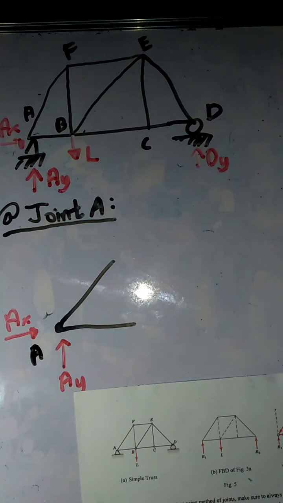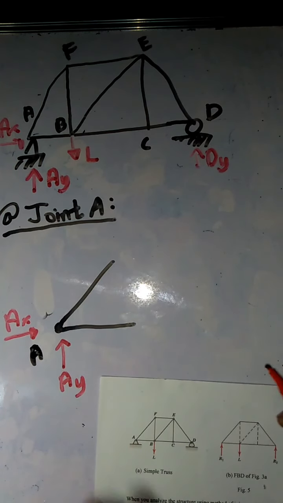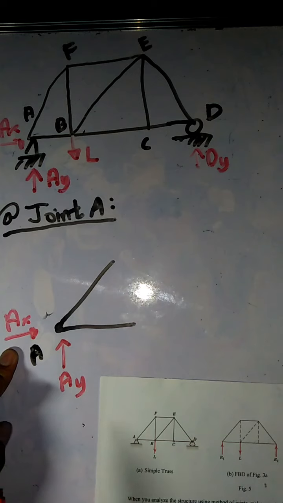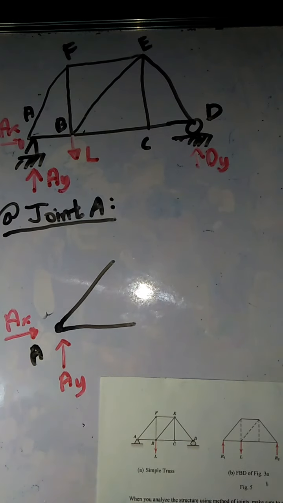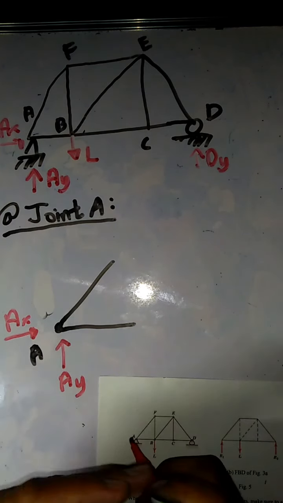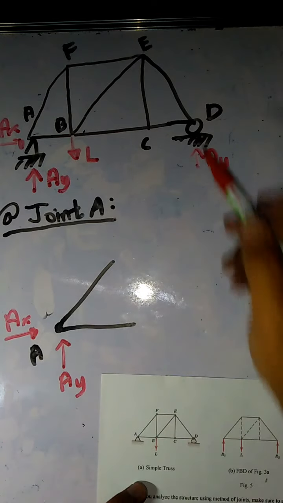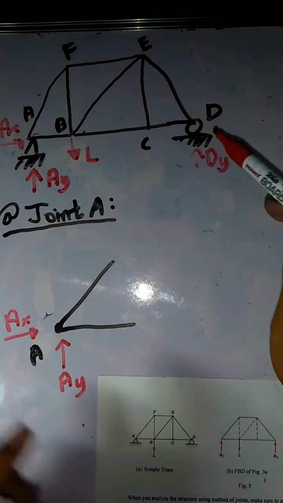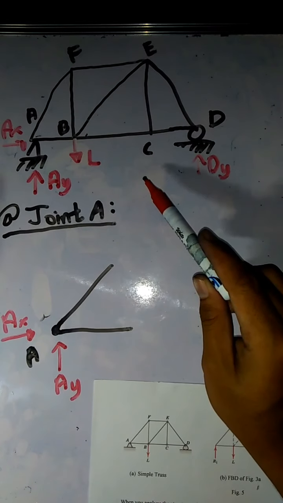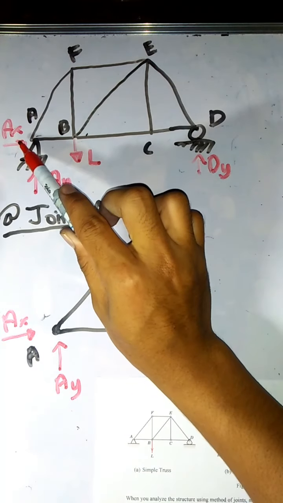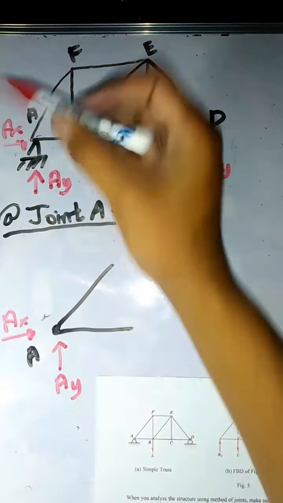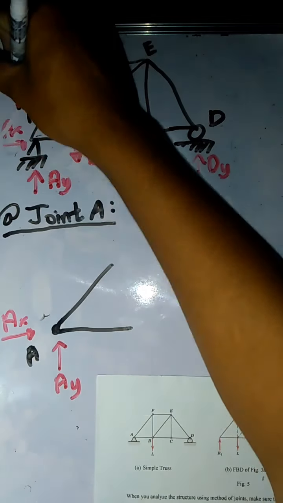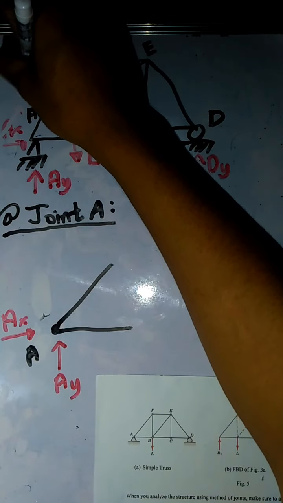As you can see, if we assume, this AX is going to the right. So, if we look at our FBD, the only force along X is AX, right? Since that is our only force, we can say that this one is actually equal to 0.